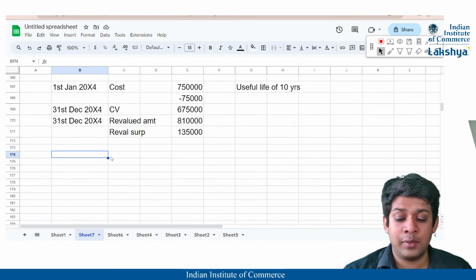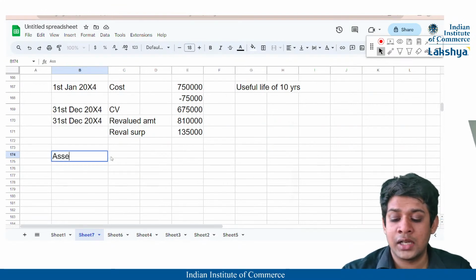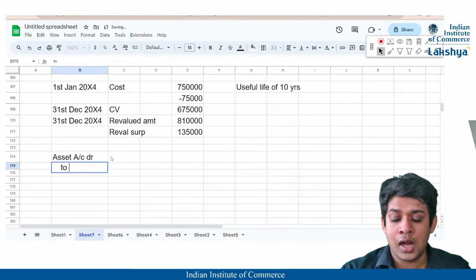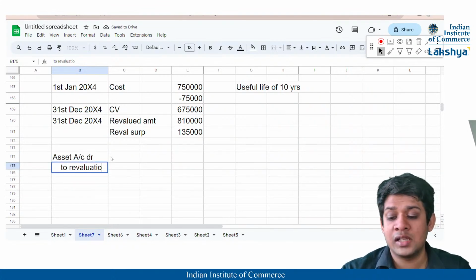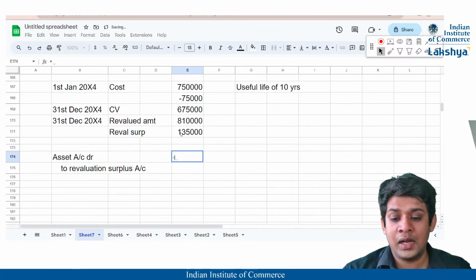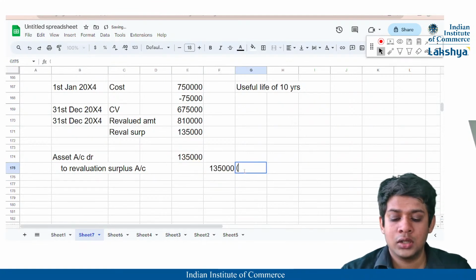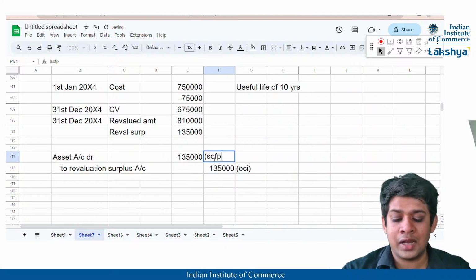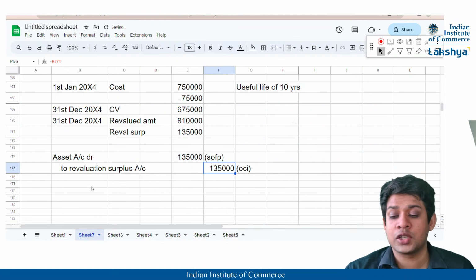The journal entry for the same that will be passed is: asset account will be debit because we are increasing the value of the asset, and we will state revaluation surplus as an income within our other comprehensive income. And the value of it will be 1,35,000. This will go to your OCI. This will be added to your asset value in the statement of financial position.